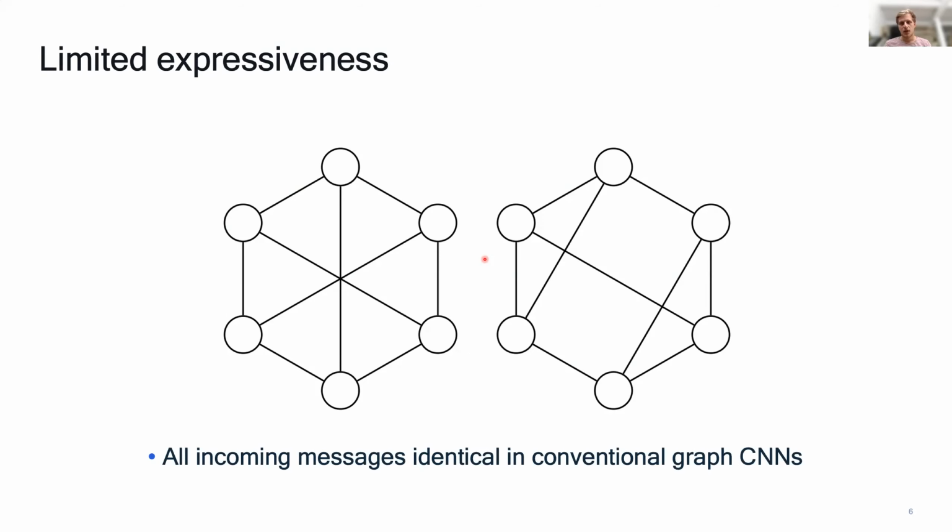That's because if you would try to put on some feature on these nodes and then go do message passing, you would see that all the incoming messages for all the nodes are always the same, because this class of graphs is called a regular graph, and the graph CNN is unable to disambiguate between these regular graphs.